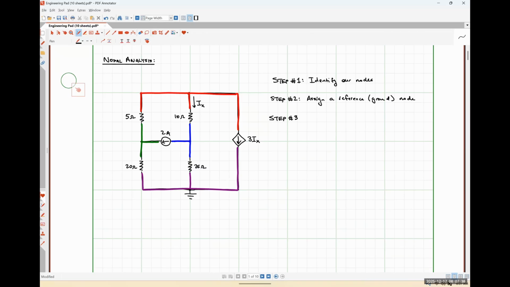Now we have step number 3, and this is going to be to assign nodal voltages to all non-reference nodes.